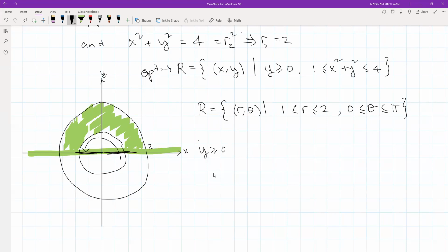Okay, and then kita kena tukar (3x plus 4y) squared. So we need to change to R cosine theta and then R sine theta.